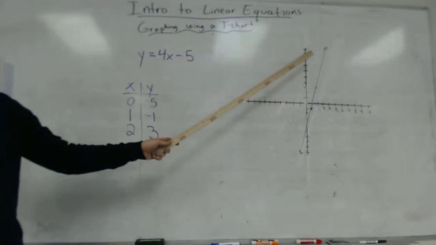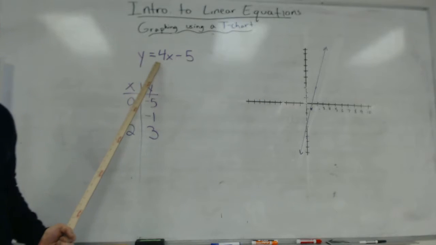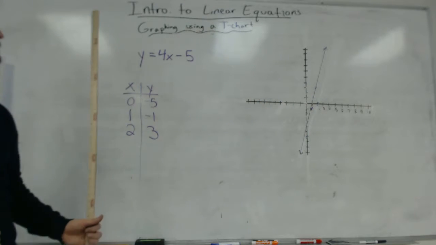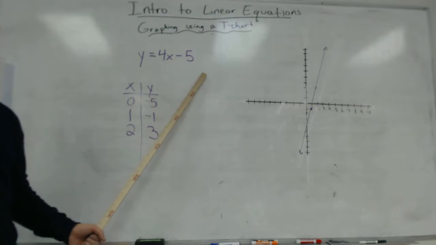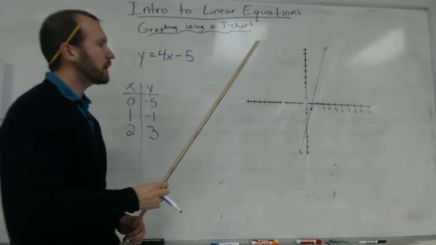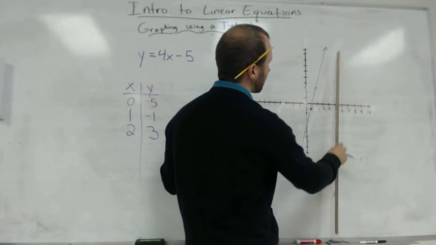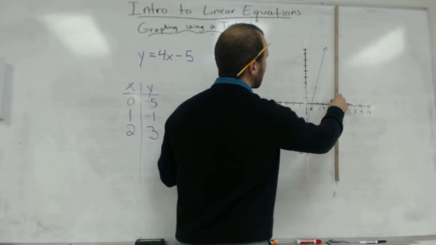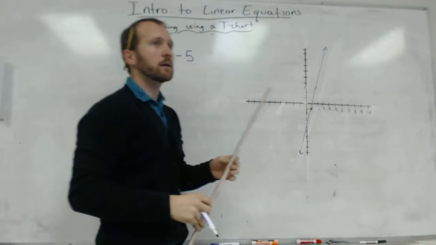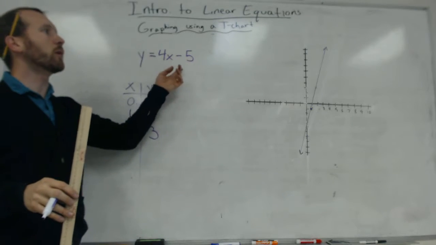And this is technically all the solutions to this equation. This is my way of showing any possible solution to y equals 4x minus 5. Okay. So if I'm wondering, what if x is 5? I can look on here and go, well, it looks like y would be maybe 19 or something. But then I could actually check it. Oh, y would be 15.